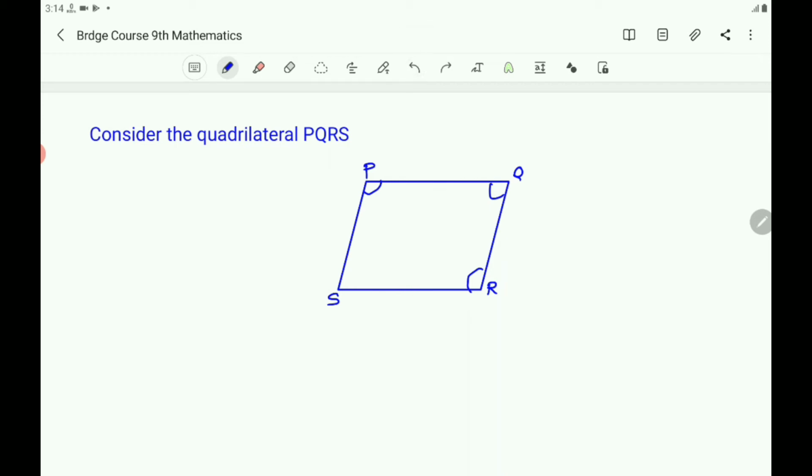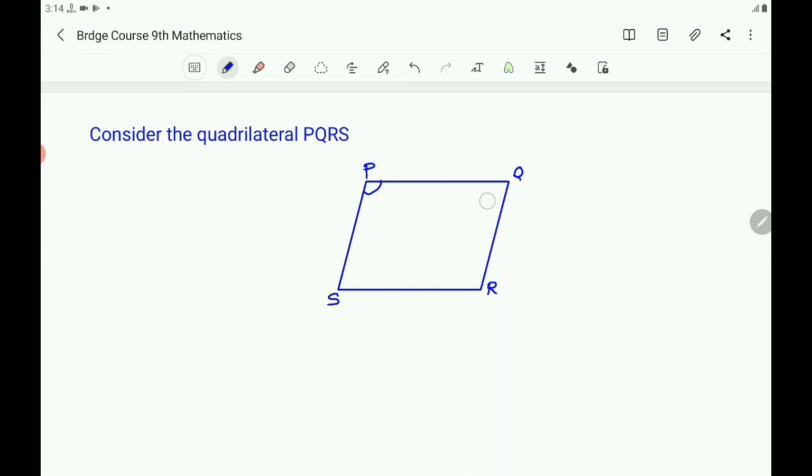You will get 4 pairs of consecutive sides. Opposite sides, here SR and PQ, 1 pair of opposite sides, and PS and QR, second pair of opposite sides. How many pairs of opposite sides are there in the quadrilateral? 2 pairs of opposite sides are there.